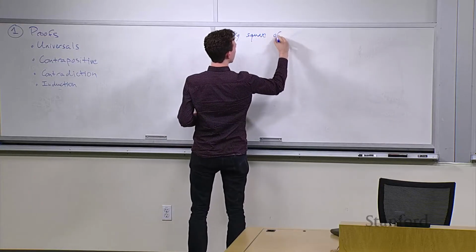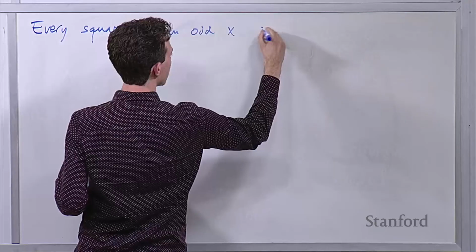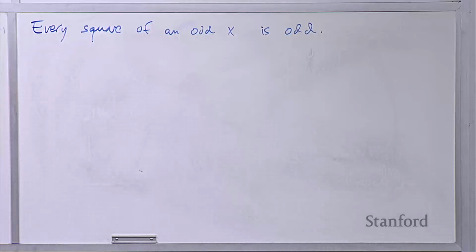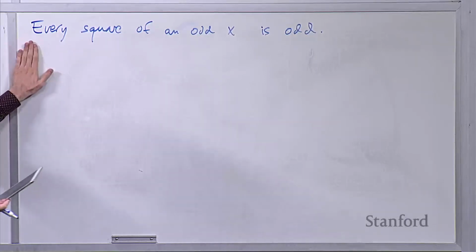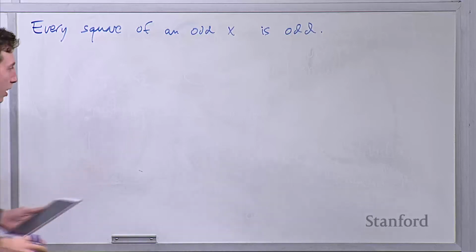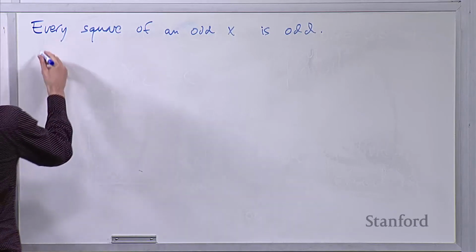Square of an odd x is odd. And the reason we're looking at this is just to sort of see how you'd prove something like this. And the way you would do this is by taking an arbitrary element and then proving that sort of what you want holds for that arbitrary element.